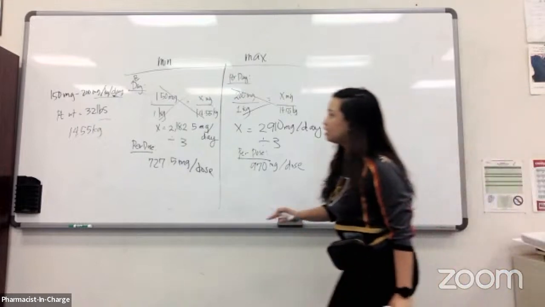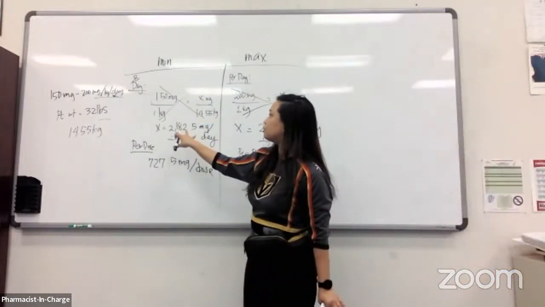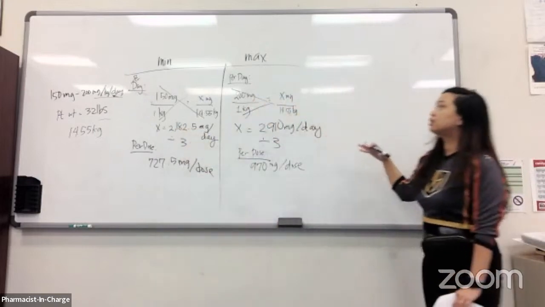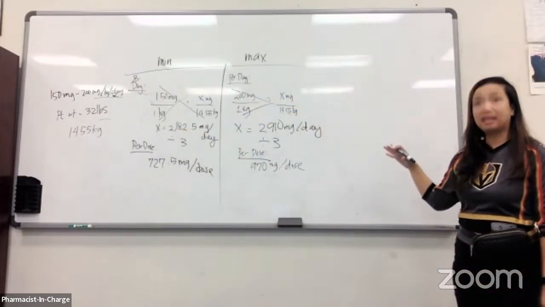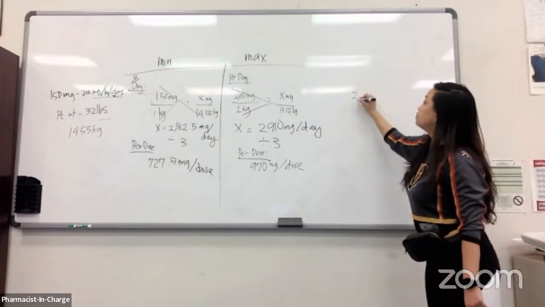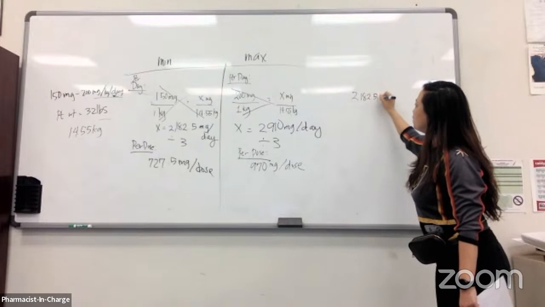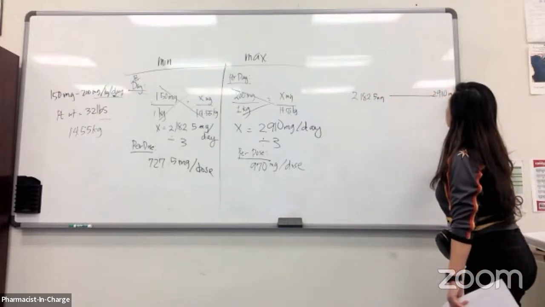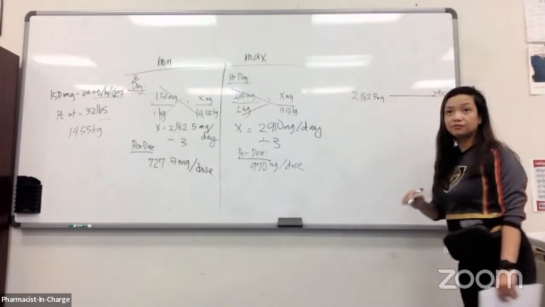Now can you see the range? Your minimum is 2,182.5 milligrams per day, and your maximum is 2,910 milligrams per day. That's your range, from 2,182.5 mg to 2,910 mg. That is your per day.